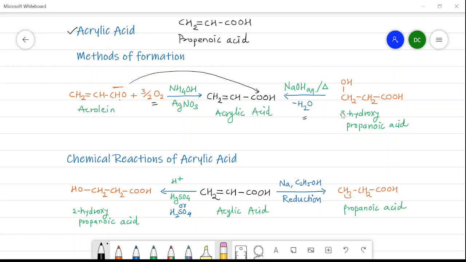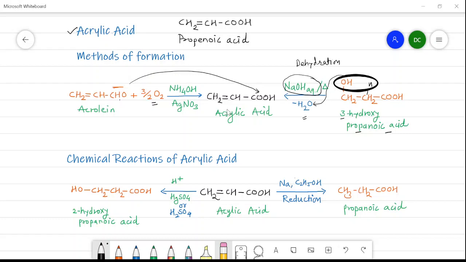That's why when this 3-hydroxypropanoic acid is heated in presence of aqueous NaOH, there is an elimination reaction that is called dehydration, and upon dehydration it will form acrylic acid. The hydrogen from this carbon and OH from this carbon are eliminated as a water molecule, and here we get the formation of acrylic acid.